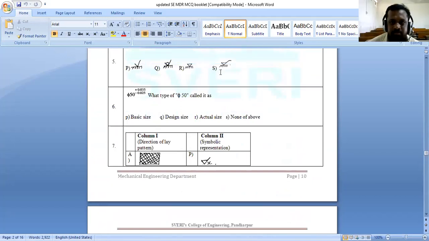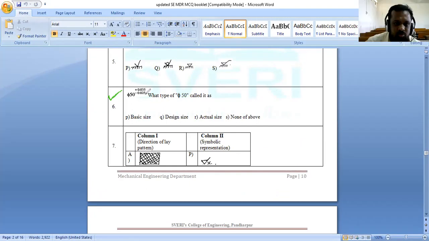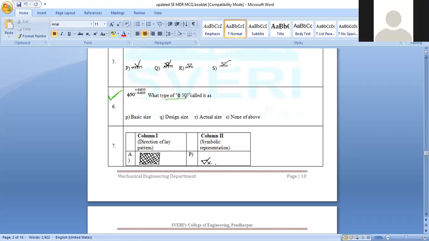Please see this example and tell me the answer. Question number 6: they have given the basic size, phi 50 plus something, minus 0.25. What does phi 25 to 50 indicate? It will be the basic size. So this is the correct answer.